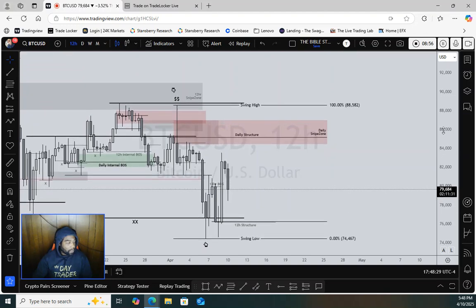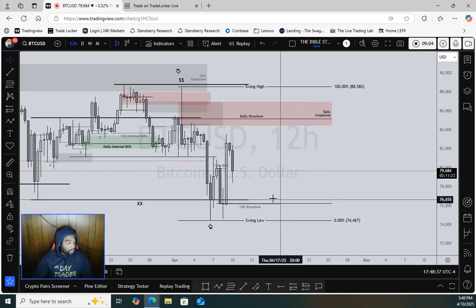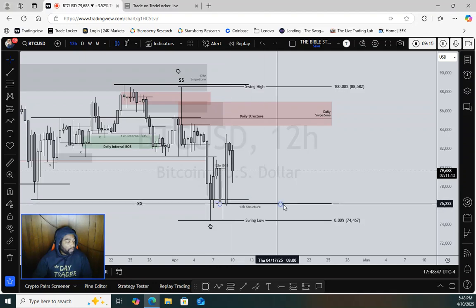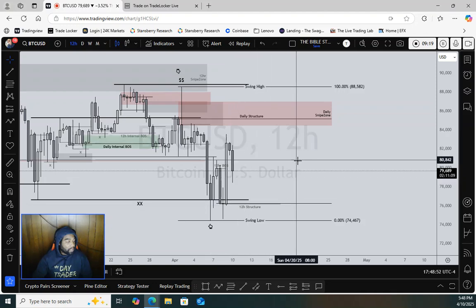go down to the 12-hour and we see what type of price action we are encountering. On the 12-hour, with this bullish price action, we just encountered a bearish 12-hour breaker structure, giving us this 12-hour bullish structure.